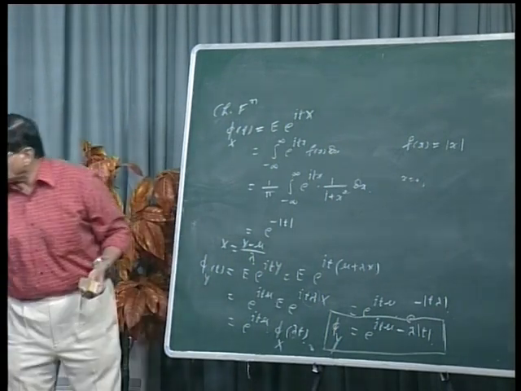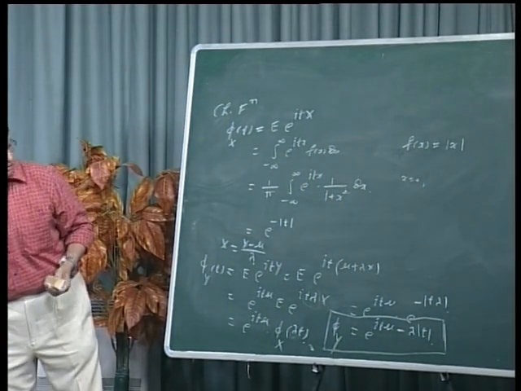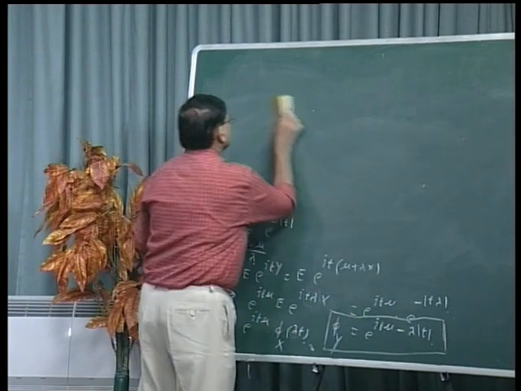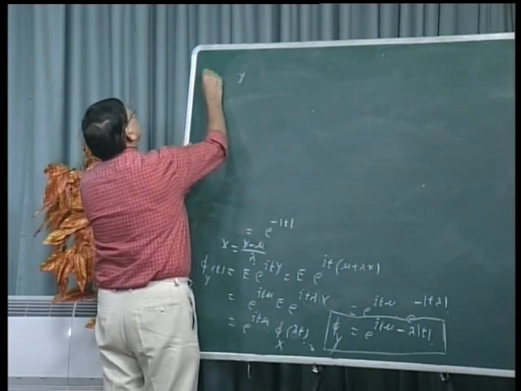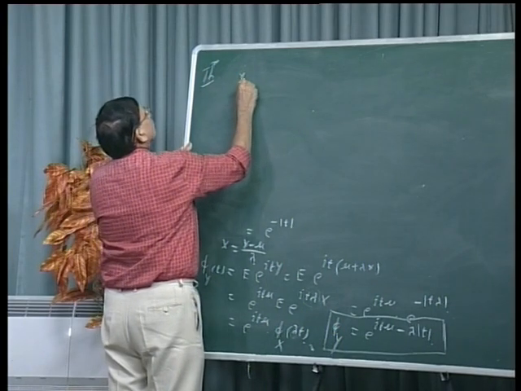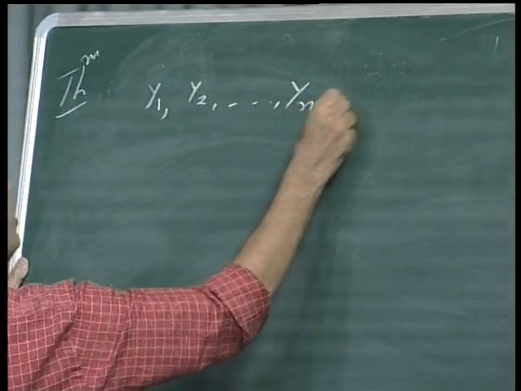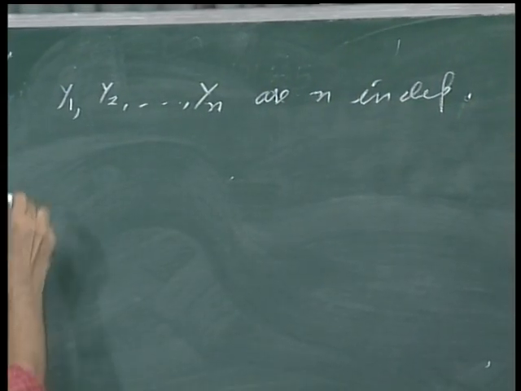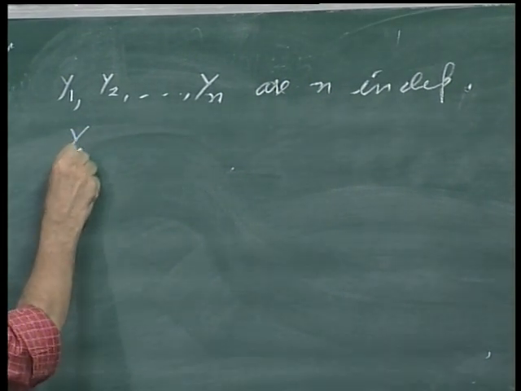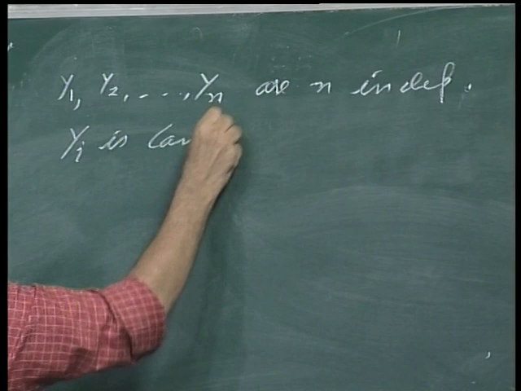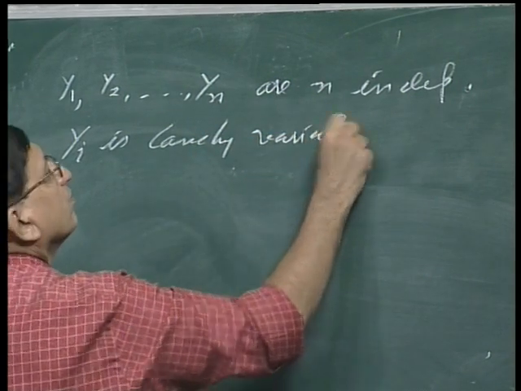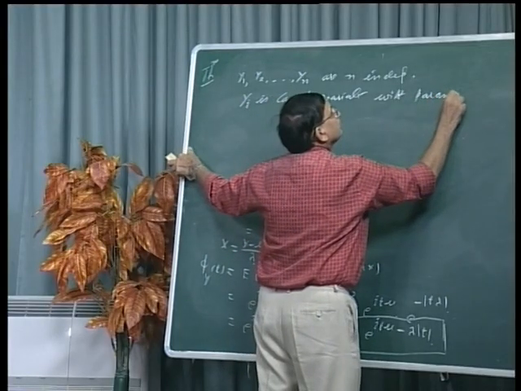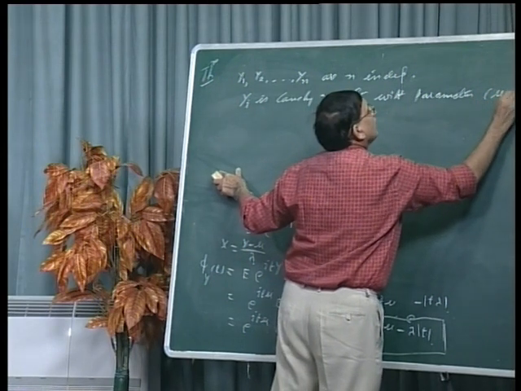Now we want to obtain the distribution of sum of independent Cauchy variates. So we consider this as a theorem. Suppose y1, y2, ..., yn are n independent Cauchy variates such that each yi is a Cauchy variate with parameters mu i, lambda i.